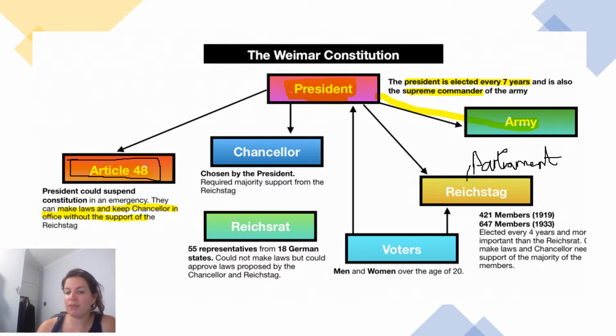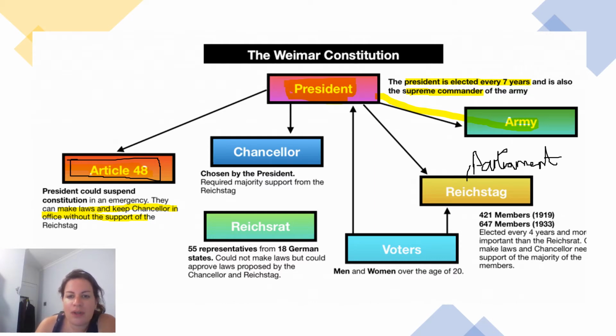Now, at the moment, this is not really a big issue, but when we look at Germany next year, in the 1930s, and we start to meet a man called Adolf Hitler, then we can see Article 48 becoming a bit of an issue. So bear that in mind next year.